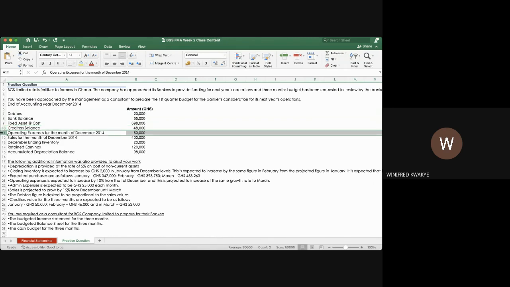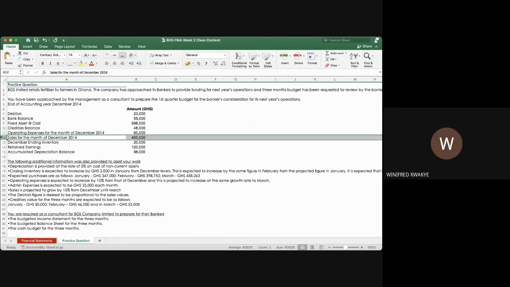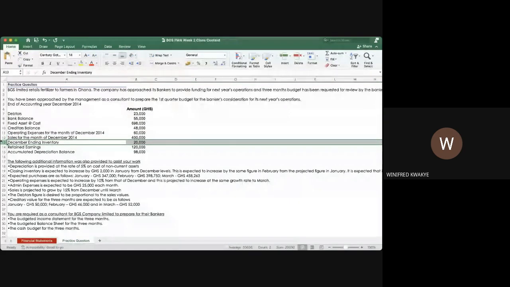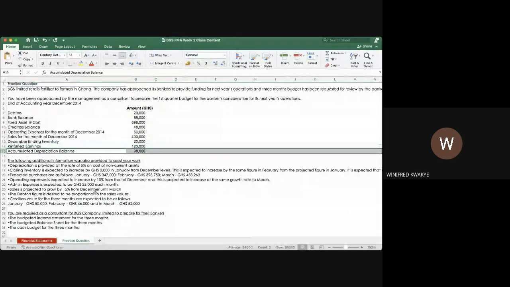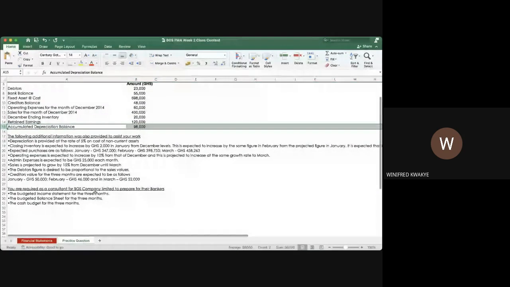Operating expenses for the month of December 2014 is 60,000. Sales for the month of December 2014 is 400,000. December ending inventory is 20,000. Retained earnings is 120,000. Accumulated depreciation balance is 98,000.